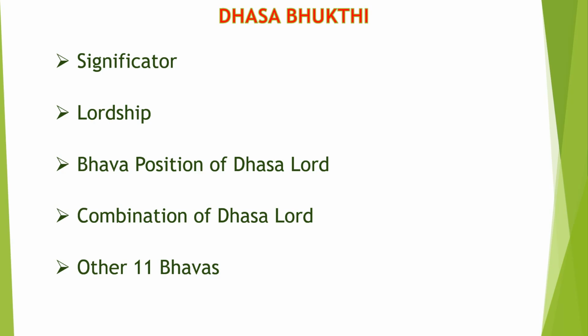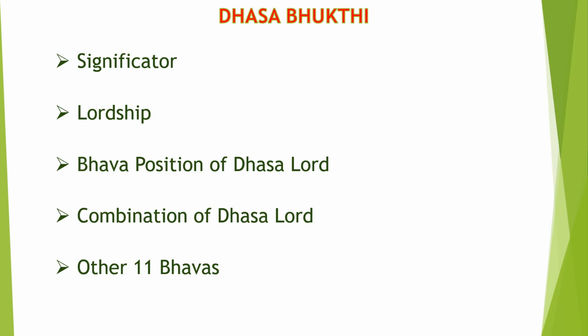So he might enjoy the benefits from the father, that is the ninth house. It will be wealth because of the planet that is in combination with the Dasa Lord. Here the Dasa Lord is Jupiter and the combination is Venus.